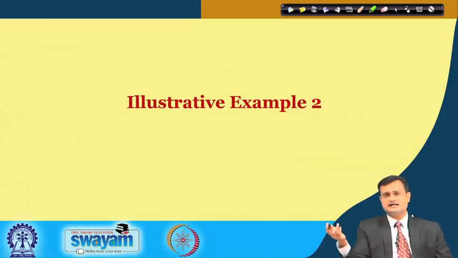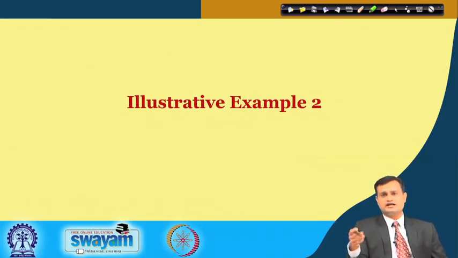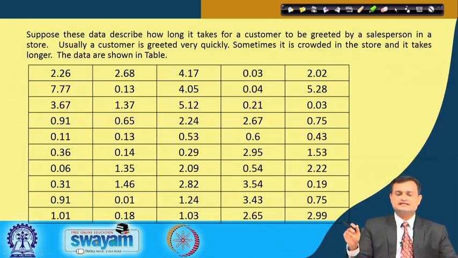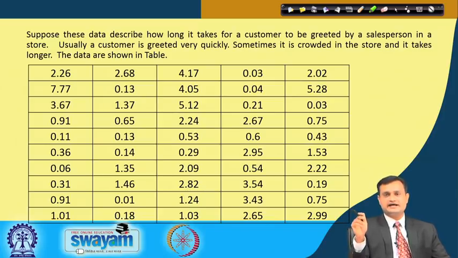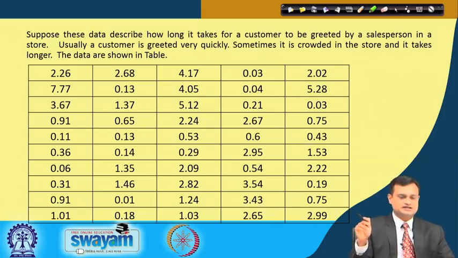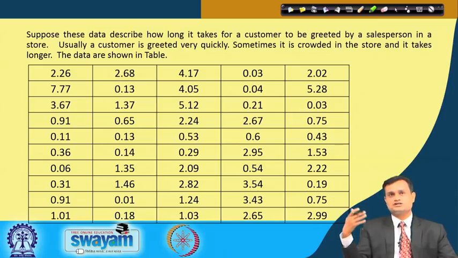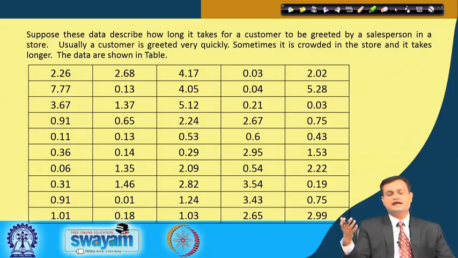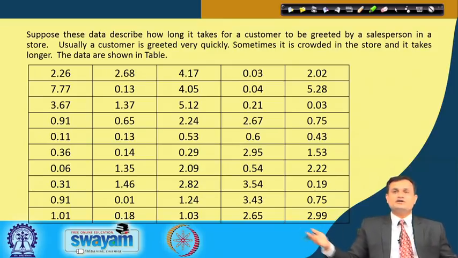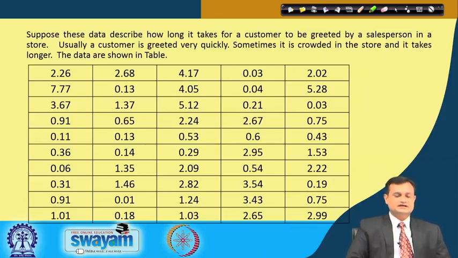I have included another example, you can quickly go through this, but the same procedure is applied. I have the data set describing customers being greeted by a salesperson and how long this process takes. Usually a customer is greeted very quickly, and if you keep the customer waiting and then greet, it will lose the value of greeting and welcoming.